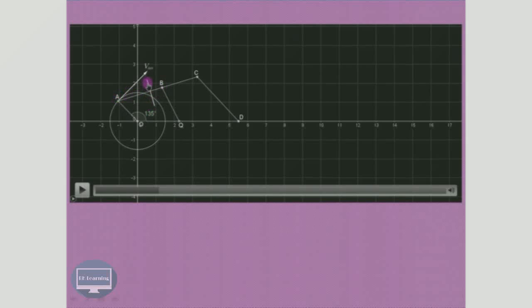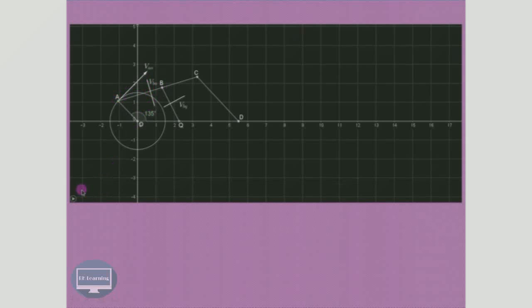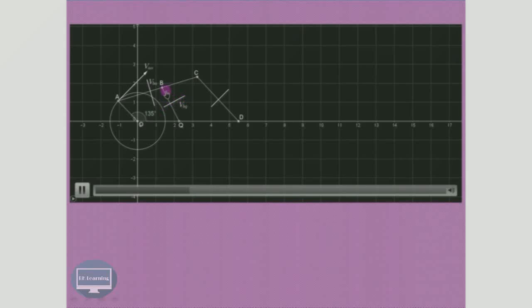The velocity of B with respect to A will be perpendicular to the link, and it is shown over here, but its magnitude and direction we don't know. Similarly, the velocity of B with respect to Q is also perpendicular to this link. The velocity of D with respect to C is also perpendicular to this particular link, and the velocity of the slider is in the horizontal path as we have already seen.